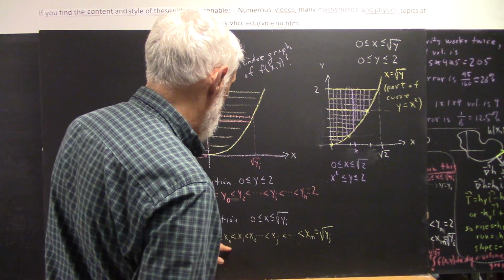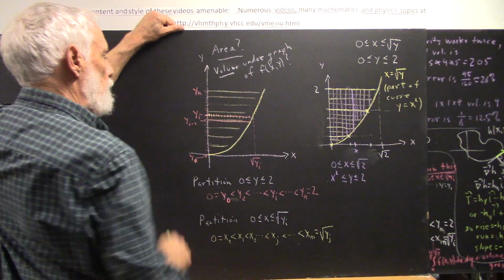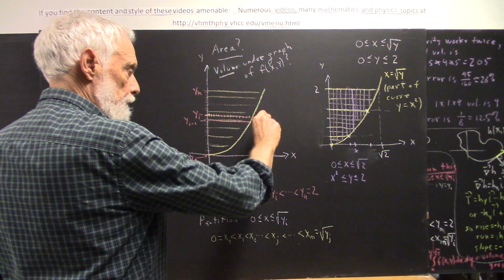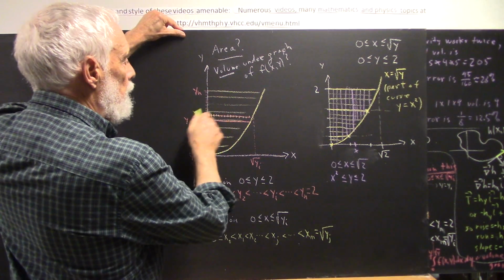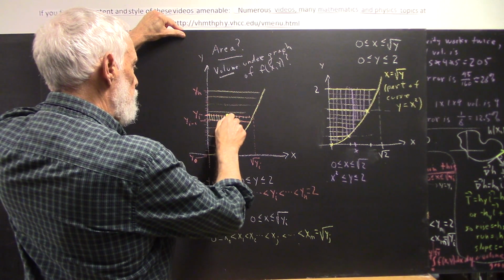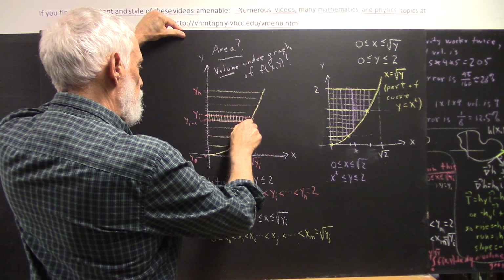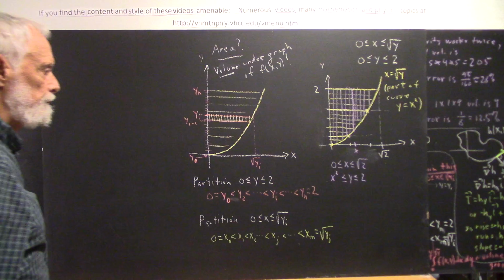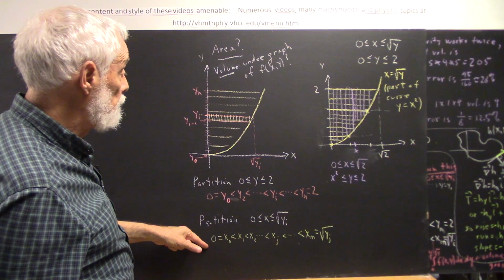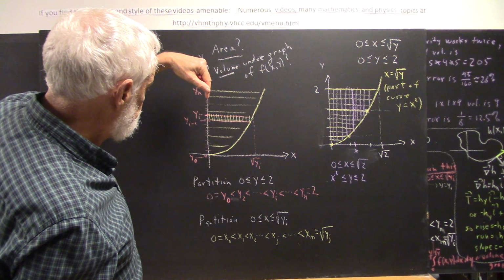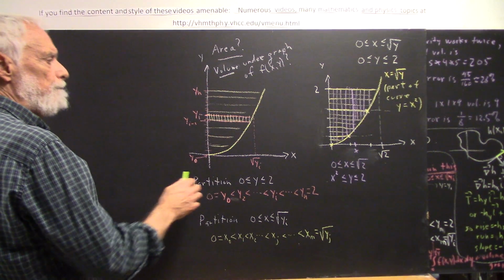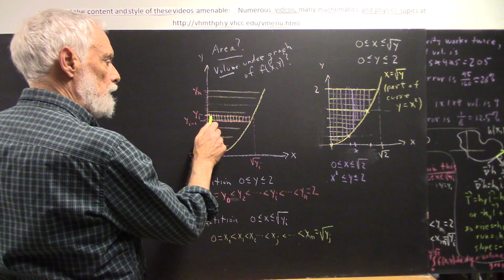We take this x partition, okay, well, between y sub I minus 1 and y sub I, we've got an interval from here to here. And that interval has been partitioned like so. So now what we've done with these two partitions is we've divided this strip up into little rectangles.